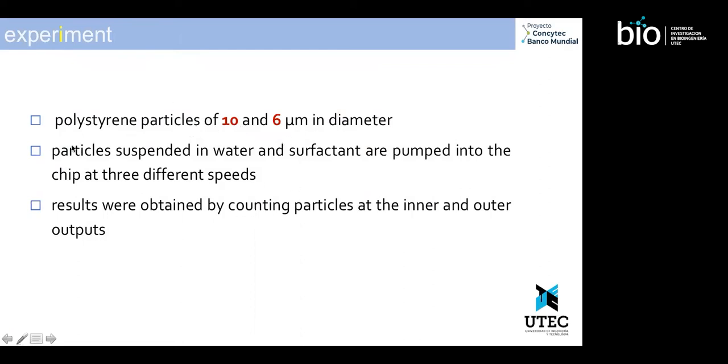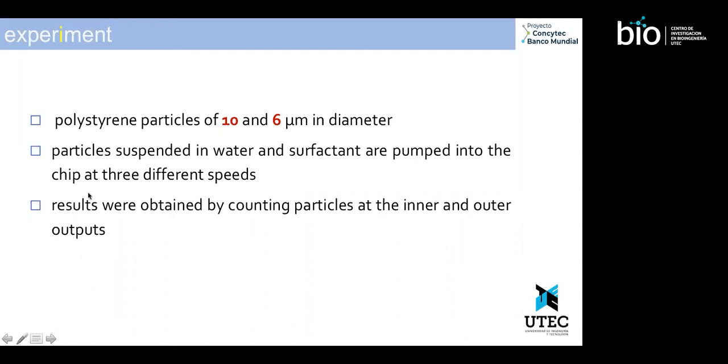These particles are suspended in water and have a surfactant, and then we pump them, flow them into the chip at different speeds to test which speed is the best. We did the simulations, but still in an experimental phase, we still want to see if it's correct, because simulations are not always correct.